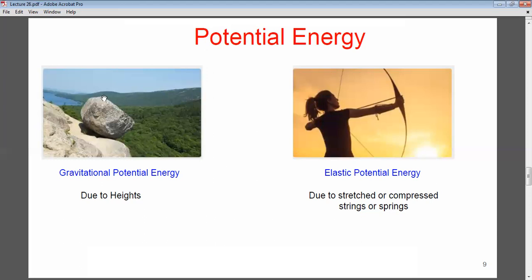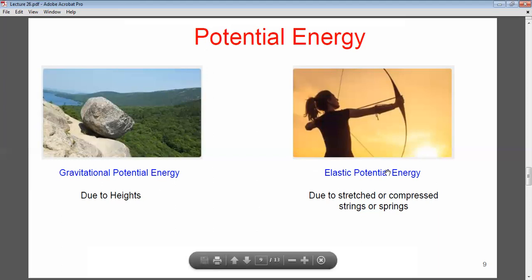You see, this rock over here, it's standing here, but if it slips, it can move and start having velocity. That is, it can have kinetic energy. Right now, it doesn't have kinetic energy, but if it moves, it starts having kinetic energy. So it has the potential to have kinetic energy. That's why it's called potential energy.